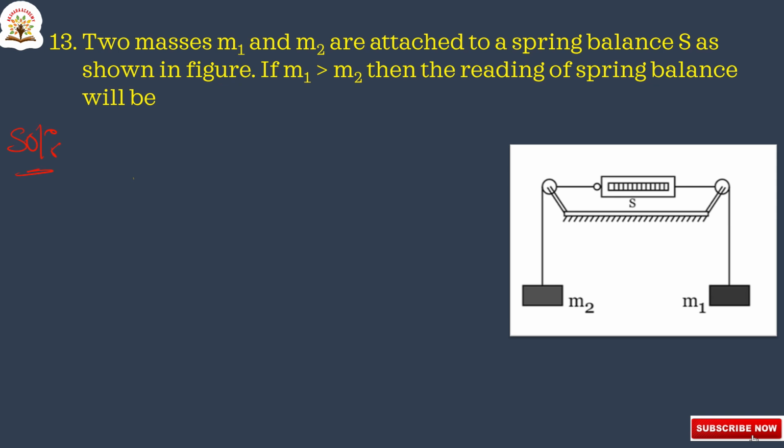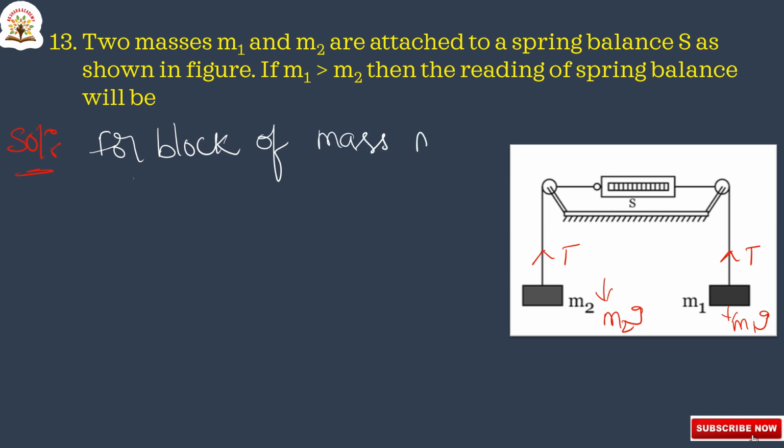For the block of mass m2, the gravitational force is m2 into g, and for m1 also m1 into g. Here the thrust T is acting vertically upwards. Now for the block of mass m1, that is m1g minus T is equal to m1 into a. Consider this as equation number 1.